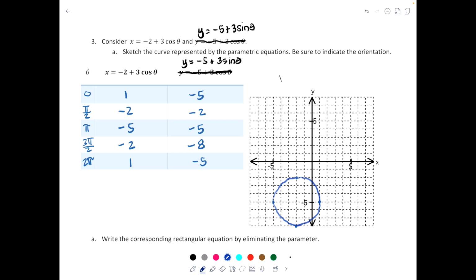Cool. When we put in the arrows for the orientation, if you recall, it went this way. And the center of the circle is right here, which is at -2, -5.